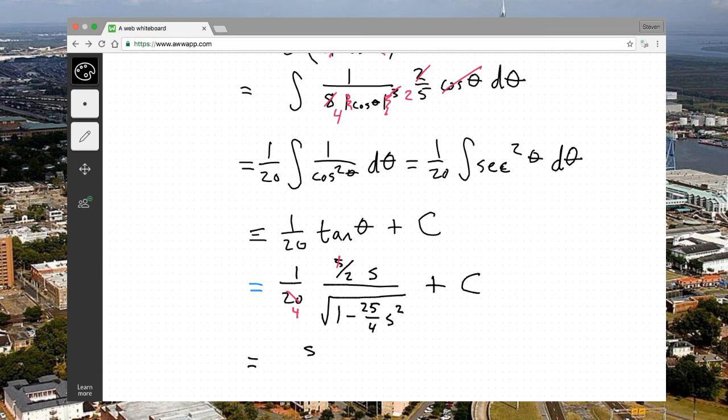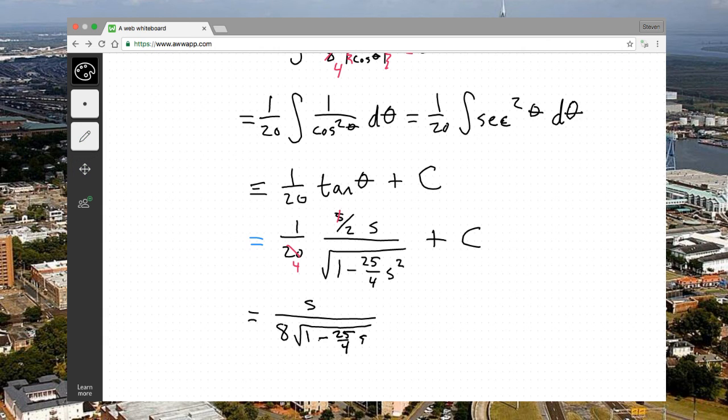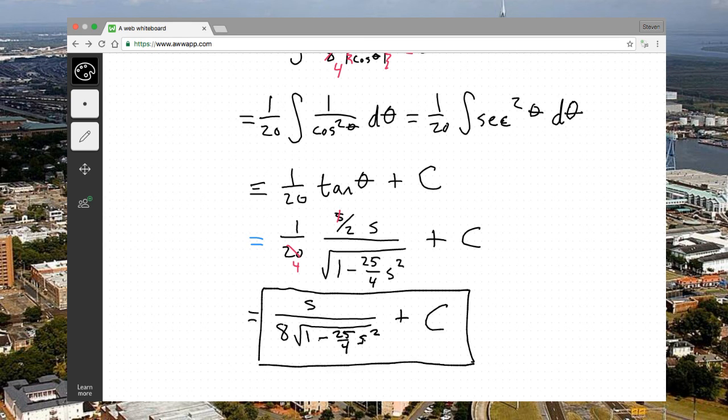So I can just write this as s over 8 root 1 minus 25 over 4 s squared plus c. And you can bring that 8 into the square root if you want to cancel the fraction on the inside, but that's probably simplified enough for our purposes. And there is our final answer.